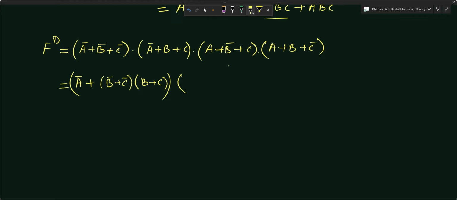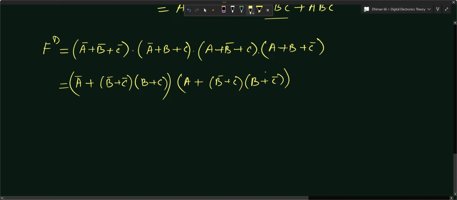Next we can also use the distribution theorem here. I am not writing the numbering, please watch the video again if you are yet confused. So here I can write A plus B bar plus C multiplied with B plus C bar. We have got this using the distribution theorem. Now we can use the transposition theorem, so here we will apply the transposition theorem.